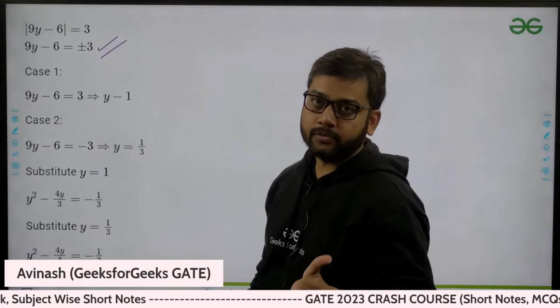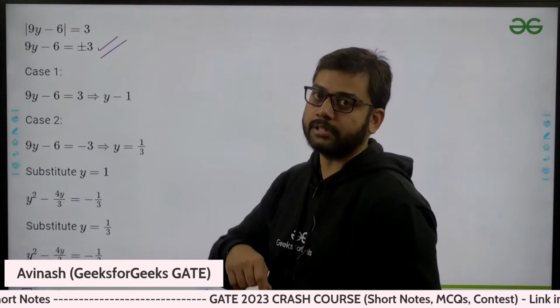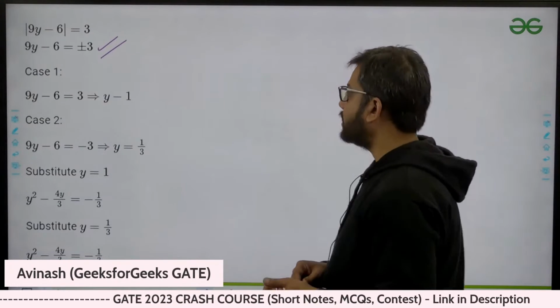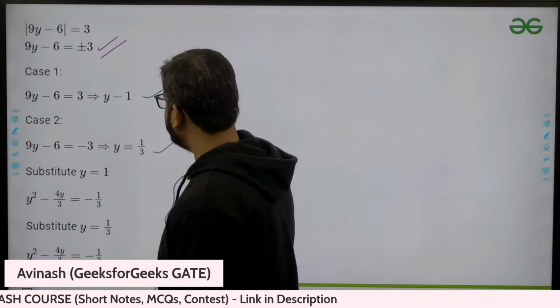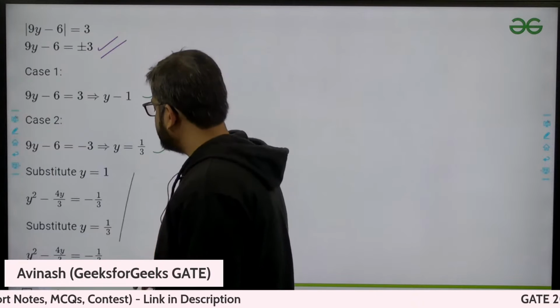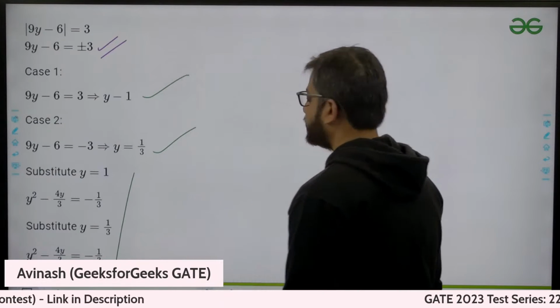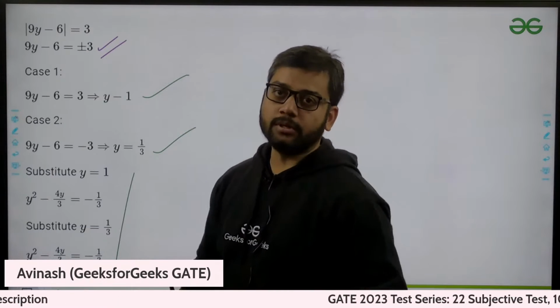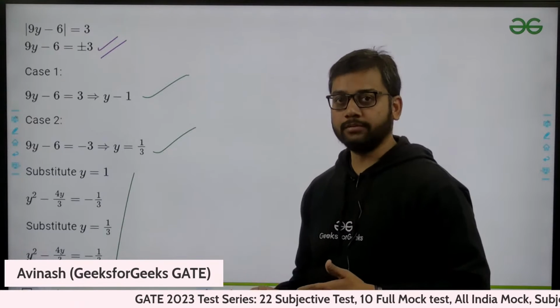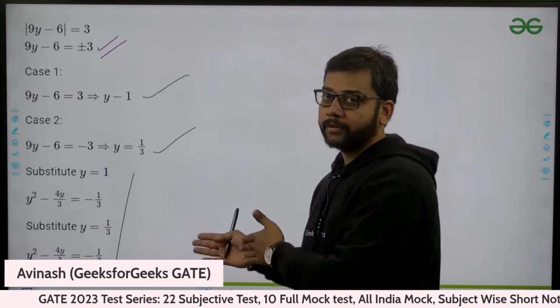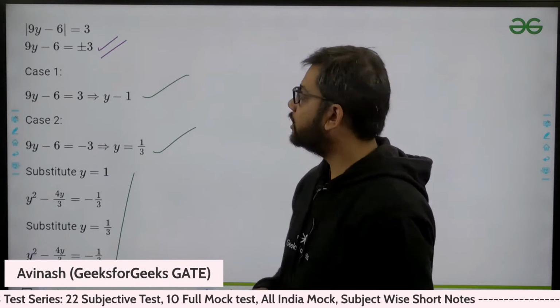Students get confused and apply only the plus and ignore the minus value. In that case, case 2, we get this value. So if we apply this, we will find the answer. Simple. Basically there are two equations; the format of the mod equation gives two, then we have to find the value of y for each one of them, put the value in, and find the answer.